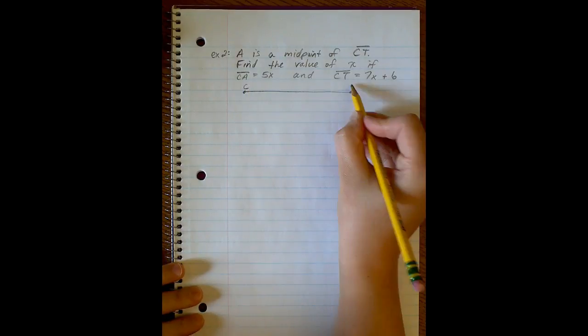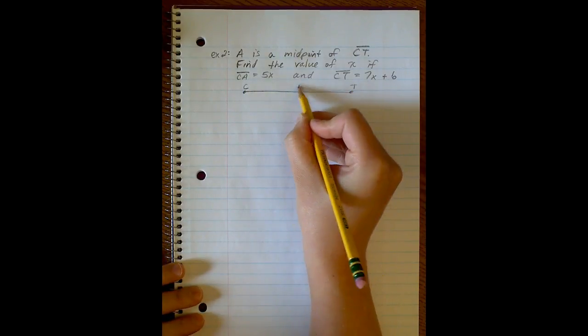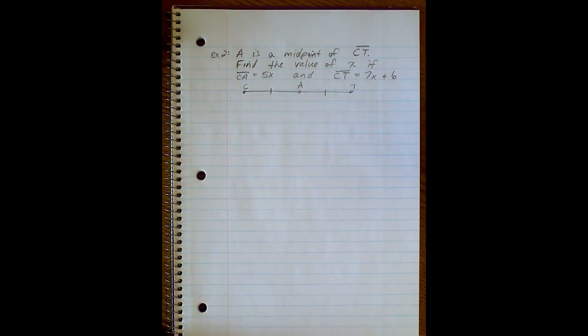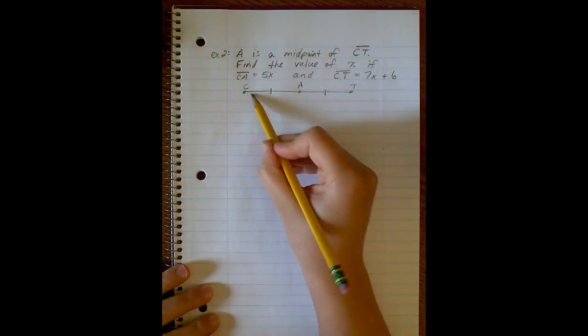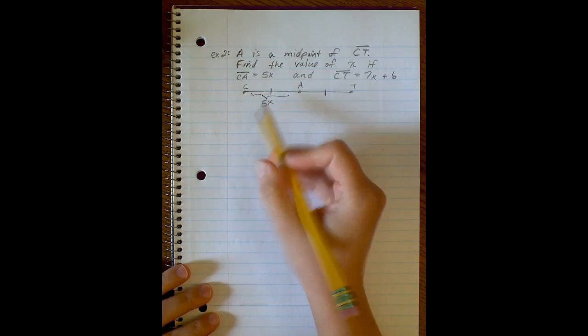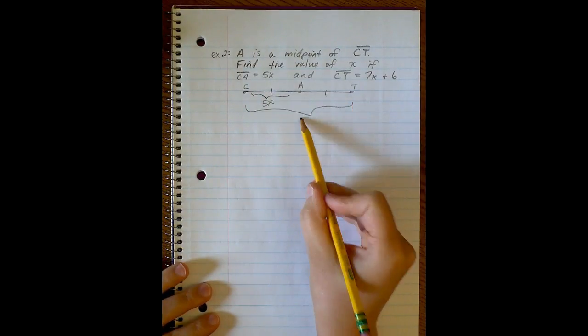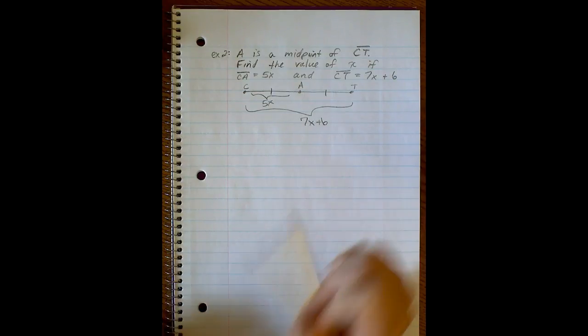I'm going to draw my segment CT with A in the middle, put my little tick marks indicating that is definitely a midpoint. Then we want to label the expressions that have been given. So I've been given CA as 5x, and CT, that's the whole thing, is 7x plus 6.